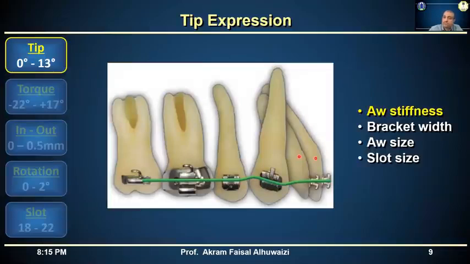So arch wire stiffness here is a very important component. This means if we can get a larger, heavier gauge wire, it's going to do more tip. If we can go for TMA or stainless steel wires, it's going to deliver more force. That's provided that it's possible in the clinical situation.